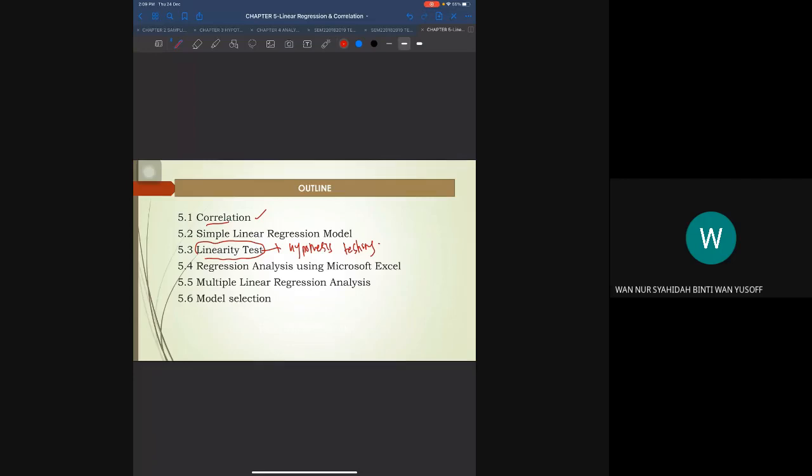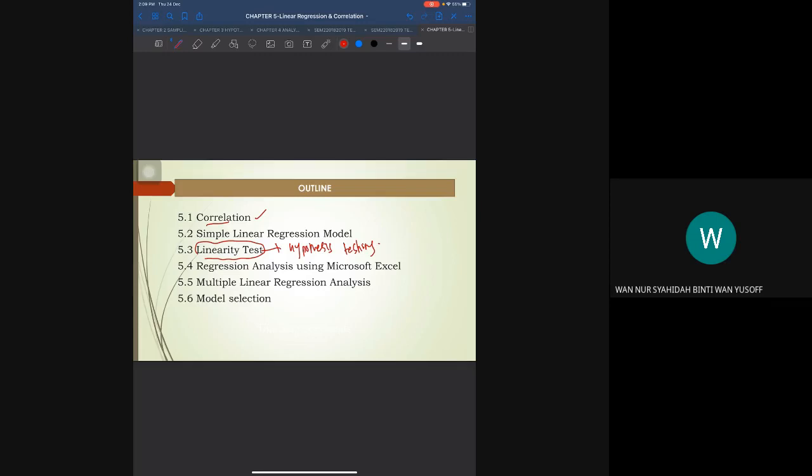Then we have the simple linear. Simple linear means that we have 2 variables. For this regression, the minimum number of variables that you need to have is 2. A single variable is not possible, because then what would we need to check?